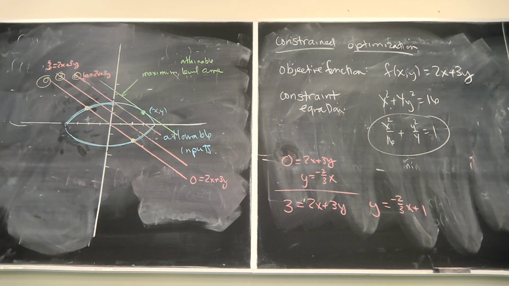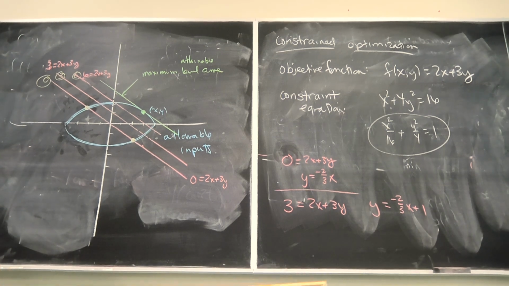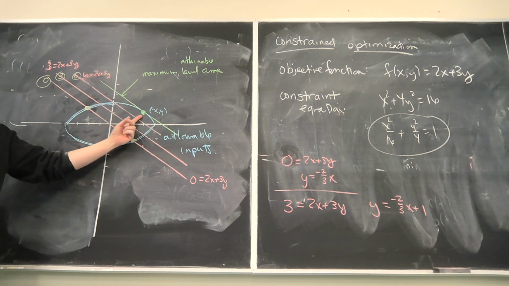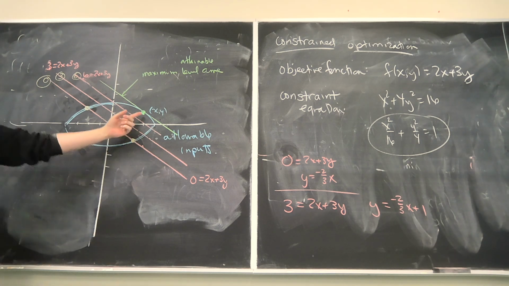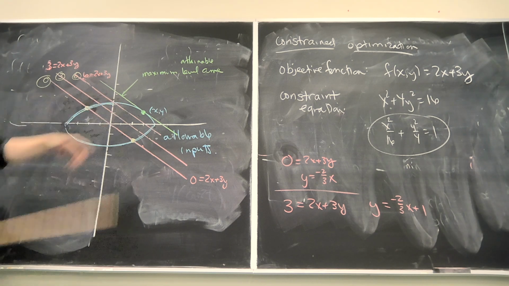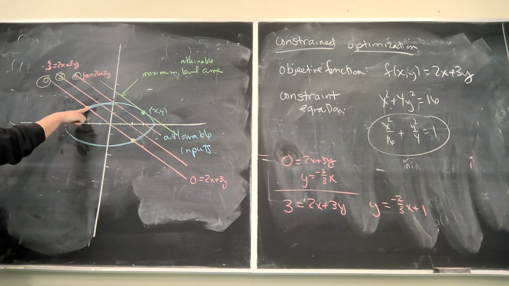Now, it would be annoying if every single time I wanted to solve a problem like this, I had to draw a picture and draw level curves in order to figure out where that point is. Is there anything that we can think about geometrically that would lead us to a method that we could use to solve this? The gradient points towards like this. Right. So that point right there, if you notice, if you draw the tangent line to the ellipse and the tangent line to this line, they would be the same. If I started plotting gradient vectors, just think about that point right there.